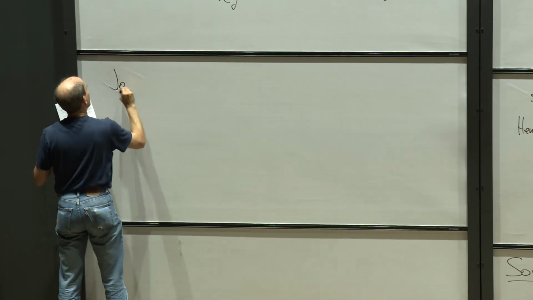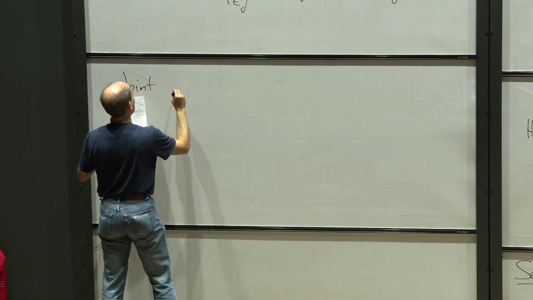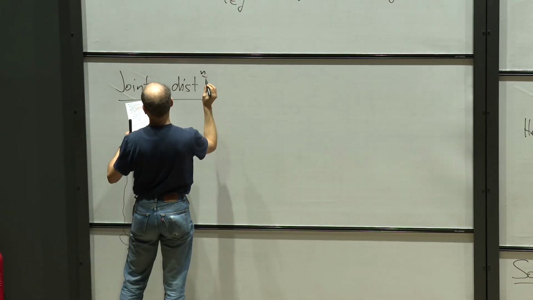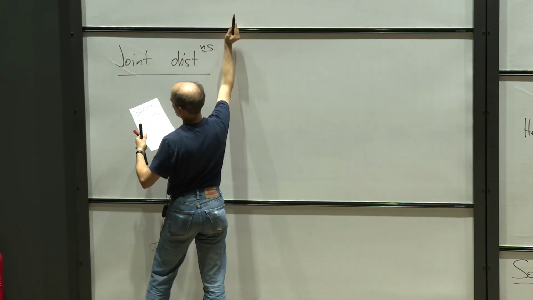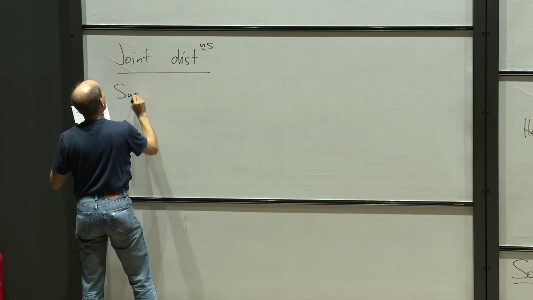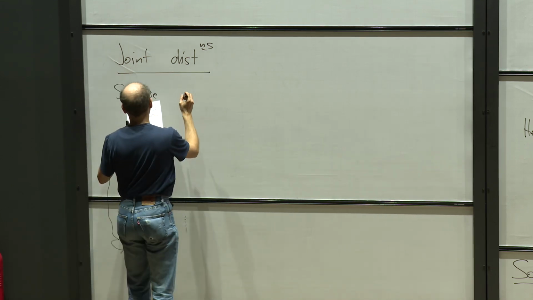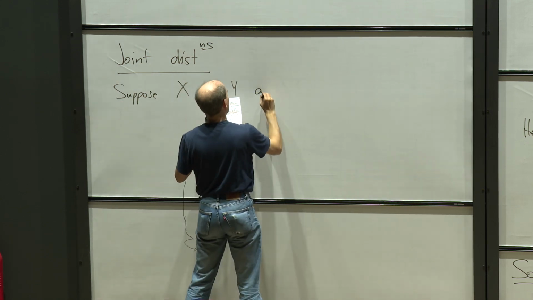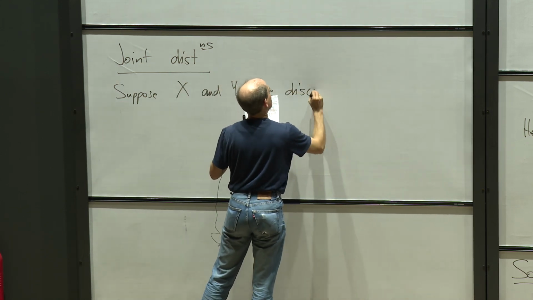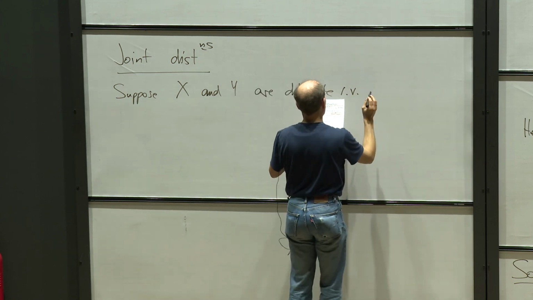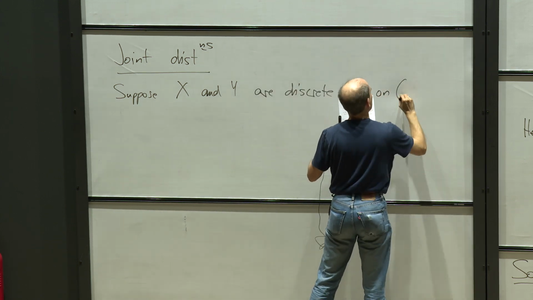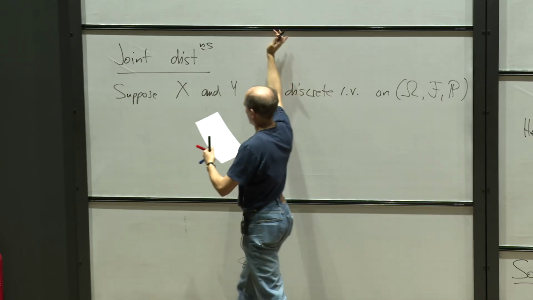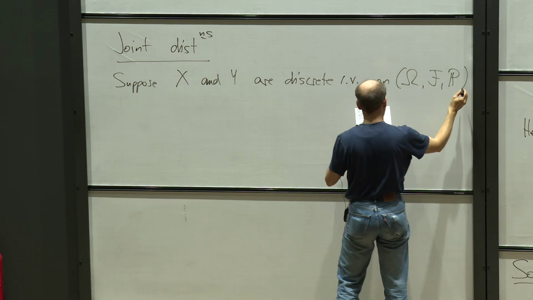But more generally, what is the distribution of several random variables? There's a notion of joint distribution. So joint distributions arise whenever you have two random variables, or more generally multiple random variables on the same probability space. So discrete random variables x and y on some omega, F, P in the sense of the definition of a discrete random variable.